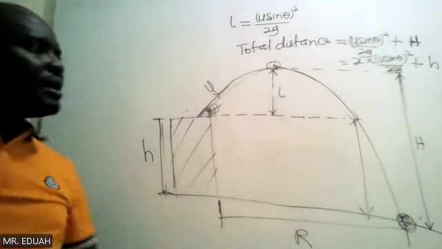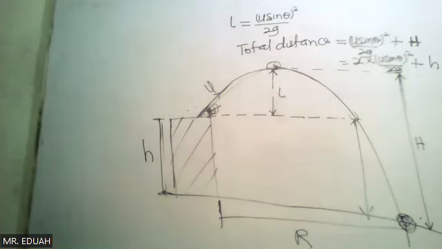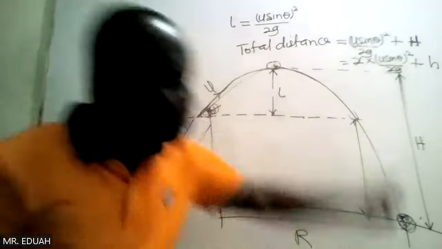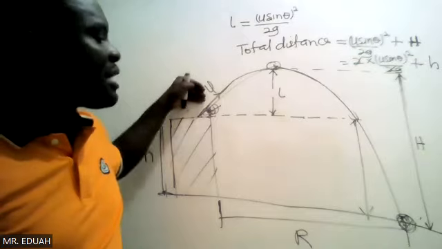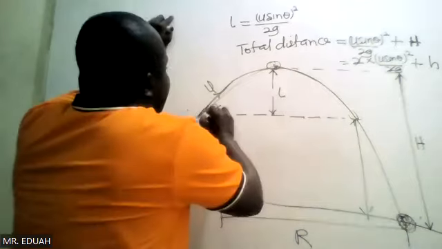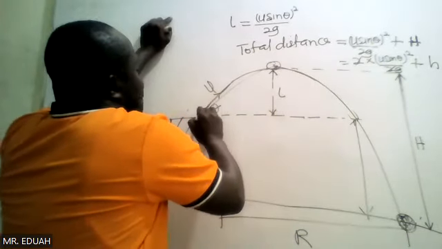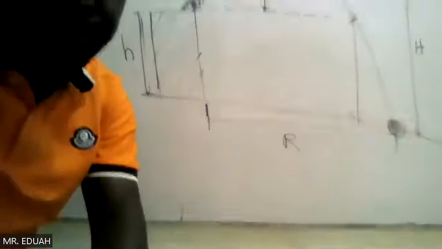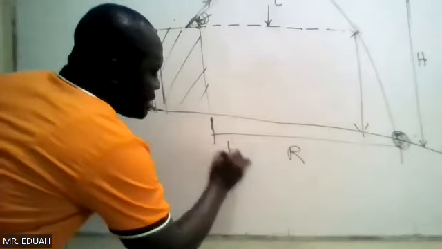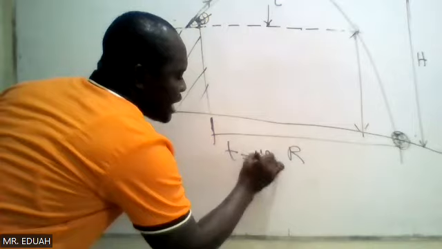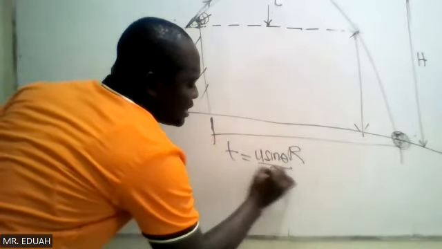Yes, please. Then, what about the time of flight? The total time taken to drop from the height from the tower to the ground. With the time of flight, if I could get the time taken for the body to move from here to the maximum height, which can be calculated from the time taken to reach the maximum height, t is equal to u sine theta over g.